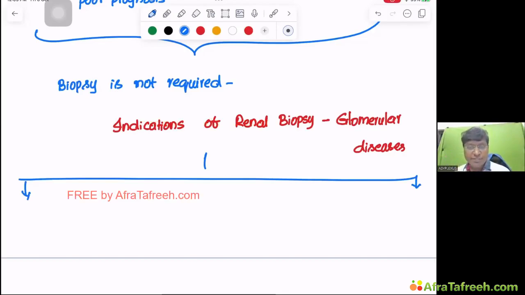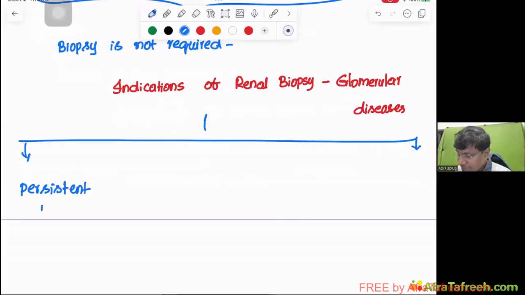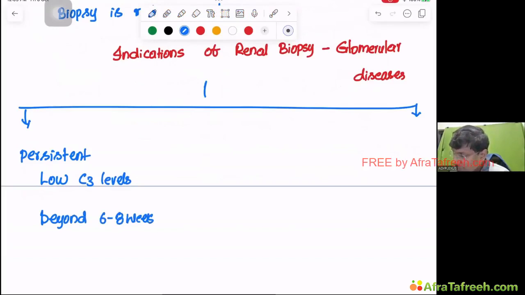But if there is persistent low complement, that is low C3 levels beyond 6 to 8 weeks, it's an indication for going ahead with the biopsy. Why? Because you need to think of a possible alternative diagnosis.